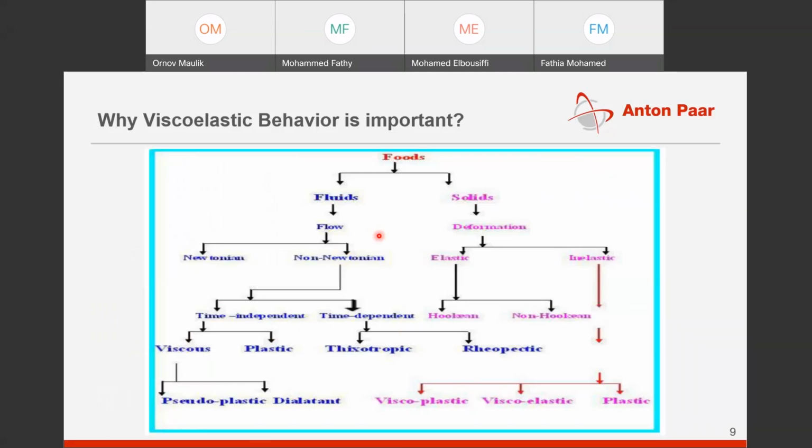Now, most of what we eat is viscoelastic in nature, whatever food product we eat. Mainly food products can be fluids as well as solids. When we talk about fluids, mostly food fluids are non-Newtonian in nature.